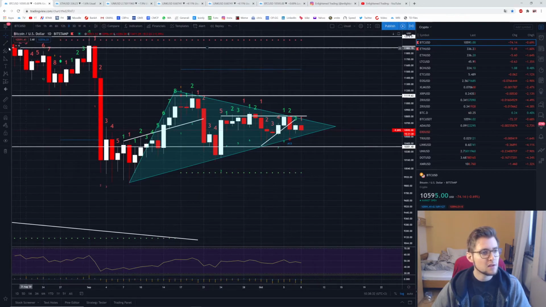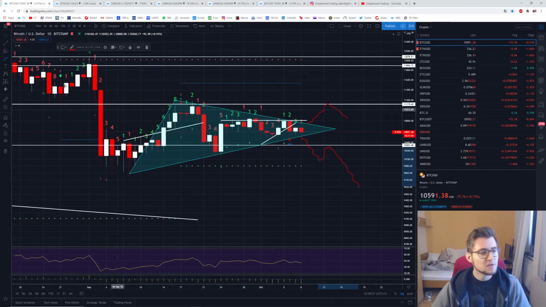And this would look similar to this, where we either break out, move to 11,100 and then possibly come back down, or we would break down and go below 10,350 as well, before then moving again to retest it and then breaking lower into the $9,000 range. So this is pretty much a neutral trading zone for me.